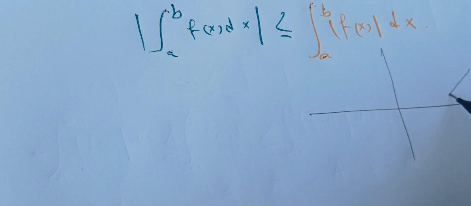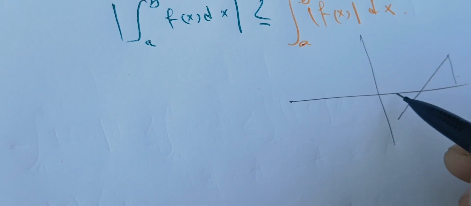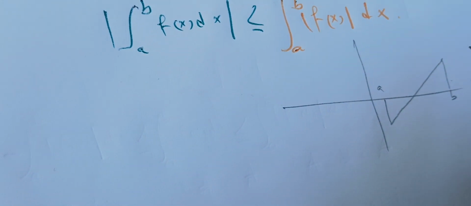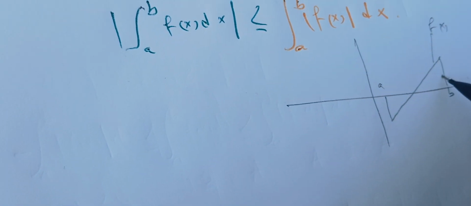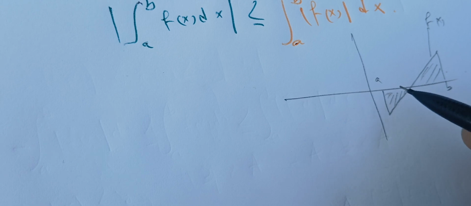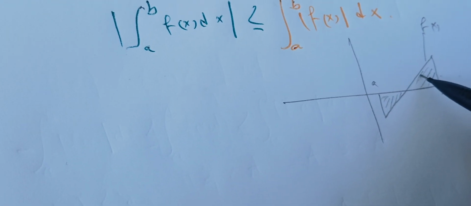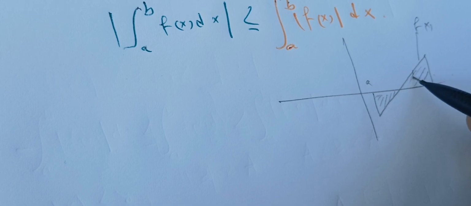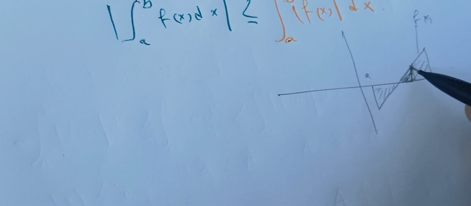So if we assume that our f is something like this, and this is my interval a, b, the integral of f between a and b is going to be this part and this part. When I add them, this is positive, this is negative, so the integral is going to be something like this. In absolute value, I'm going to get only this part.